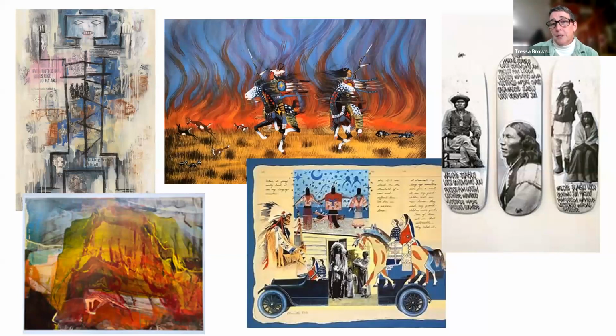And the guy who does the Apache history on the skateboards is Apache. So again, they're not borrowing from somebody else. They're using their own traditions and design elements when it comes to shield designs or images, or the decorations on clothing and things like that, which is accurate for who they are.